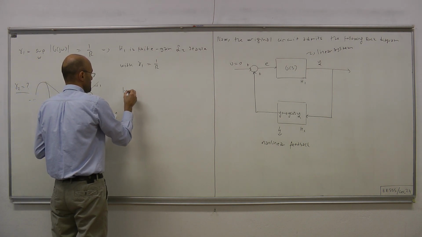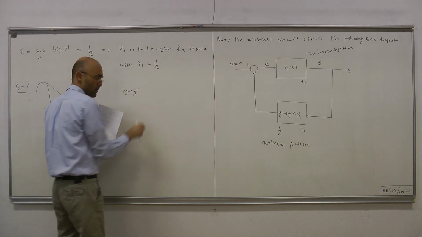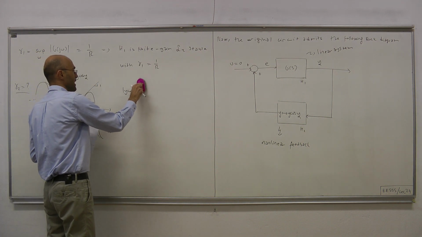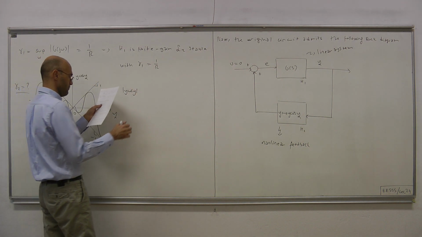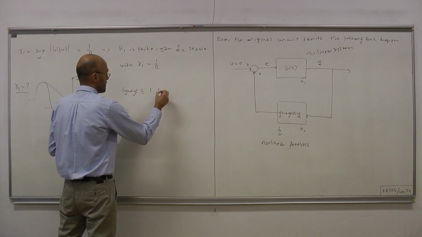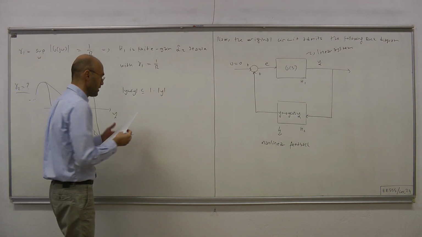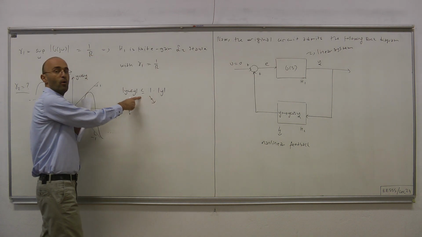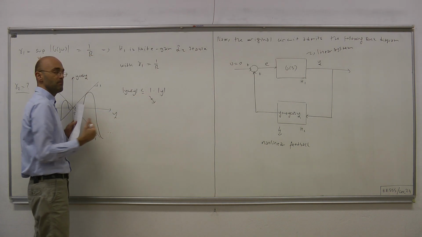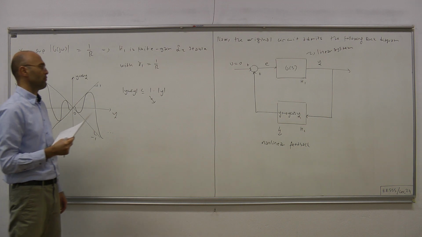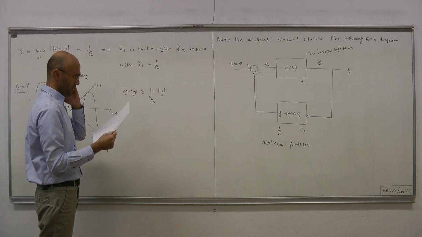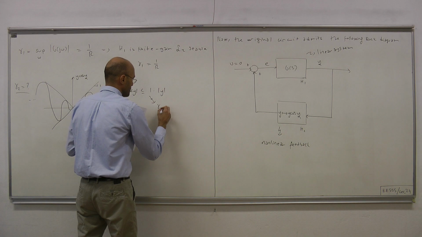So it's easy now to see that the magnitude of y cosine y is never larger than the magnitude of the input. Therefore, this inequality directly tells us the gain of L stability. In other words, gamma 2 equals 1.